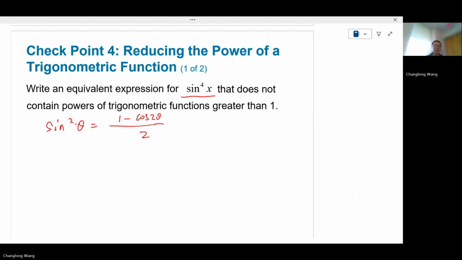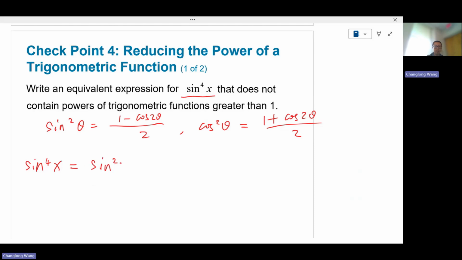Again, reducing the power, the price you pay is doubling the angle. Cosine squared theta can be written as 1 plus cosine 2 theta over 2. So those are the tools we have. Now, sine to the fourth cannot be reduced to a lower power right away. But if you write it as sine squared, and then to the second power, at least you can do something about the sine squared.